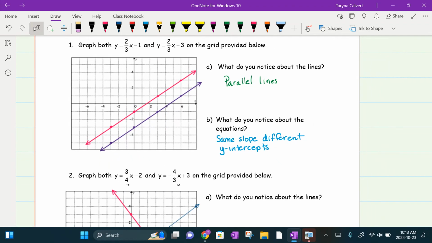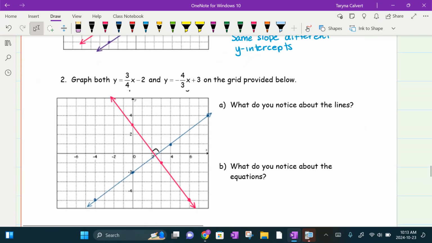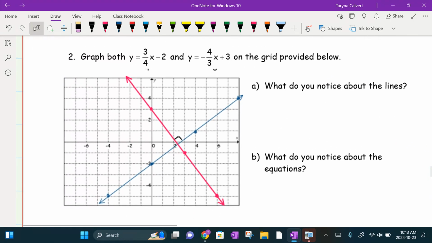Okay. Now, the next one might not have been as obvious, especially if you didn't use a straight edge. But if you used a straight edge, I'm hoping you noticed that they did cross, but it was at a specific angle. Did anybody have lines that looked perfect enough that they could make this connection?